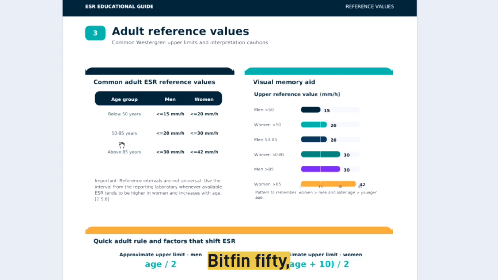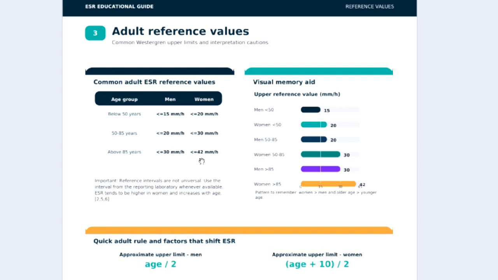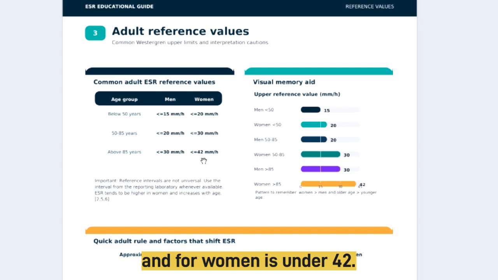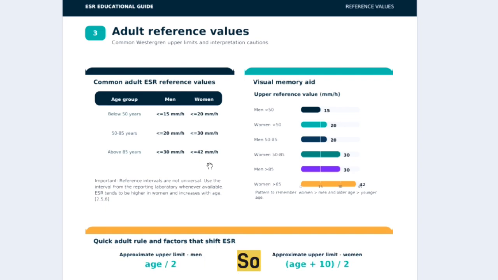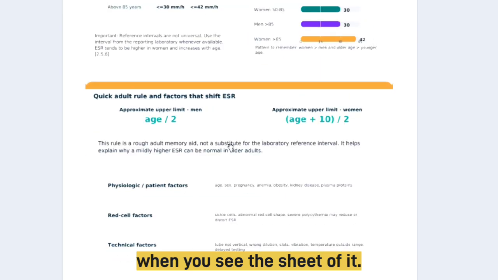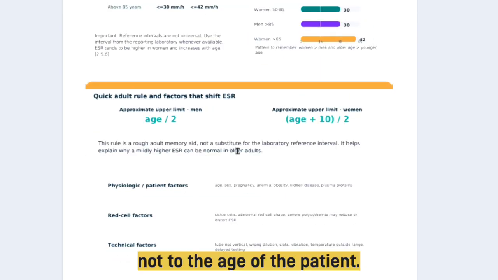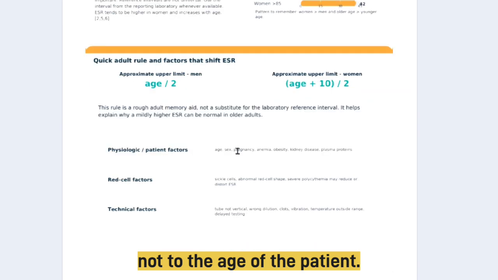Between 15 and 85 years of age, for men it is under 20, and for women under 30, and above 85 years of age, for men it is under 30, and for women under 42. So be careful when you see the ESR sheet. First of all, note the age of the patient.